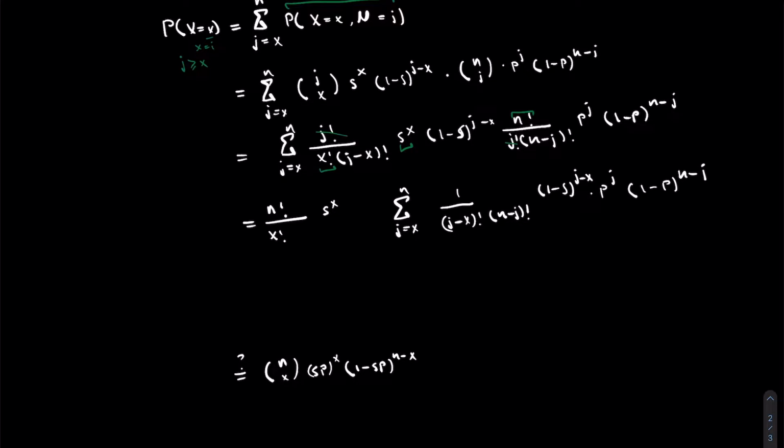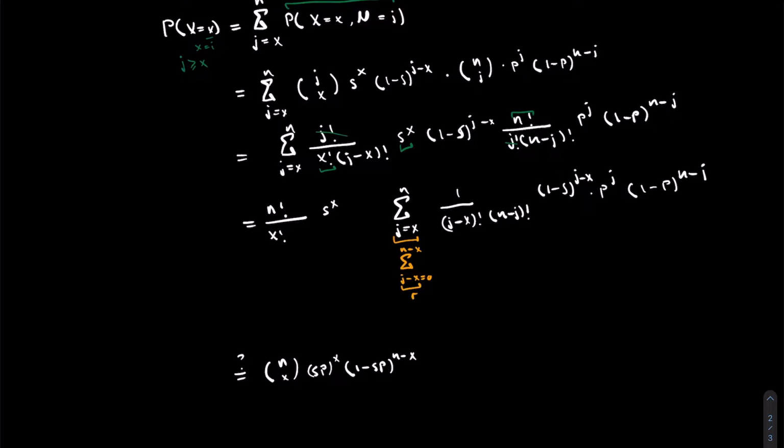So now what we're going to do with this sum, I'm going to change variable, just because j equaling x is a little hard to work with. So we're going to write the following sum. I'm going to start at 0, so we'll have to subtract off x on both sides of this sum, like so, and we're going to set this thing to r.